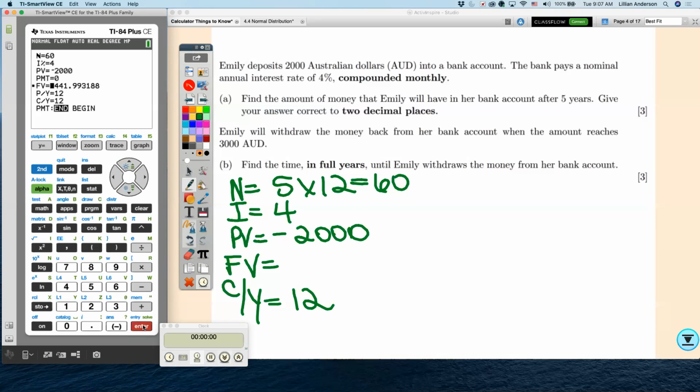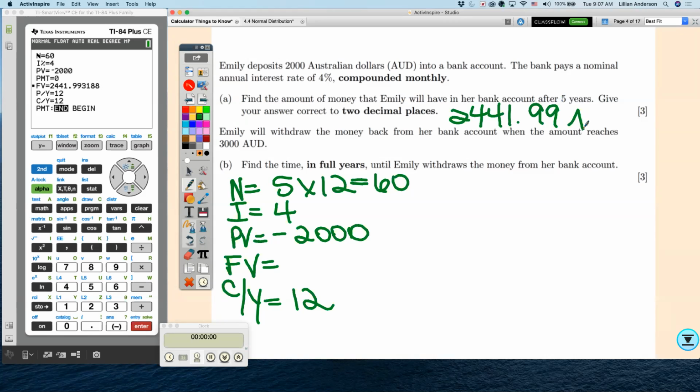Oh, okay. There we go. Sorry, I should have done PY 12 as well. Did you guys get this? Yeah. So rounding that to 2 decimal places, it should have been 2,441.99 AUD. Do not forget about your units.